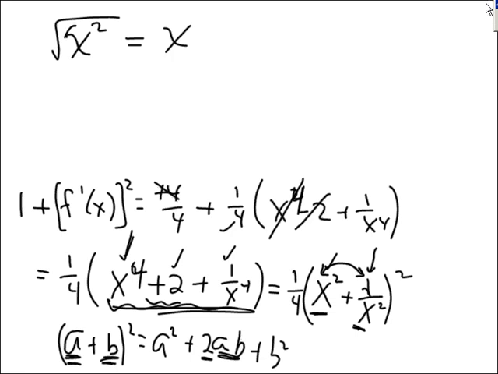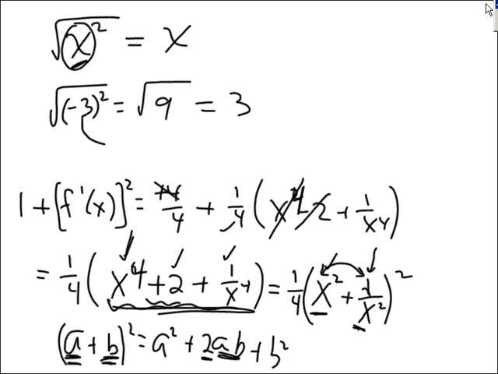You get back this. That's not true. If I replace x with -3, when I square -3, I get 9. When I take the square root of 9, I get 3. They're not the same. What you get back is the absolute value of what you're squaring.